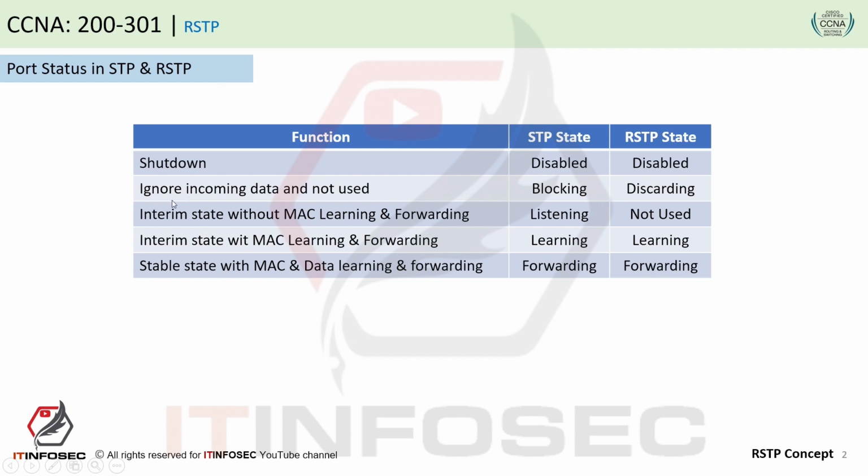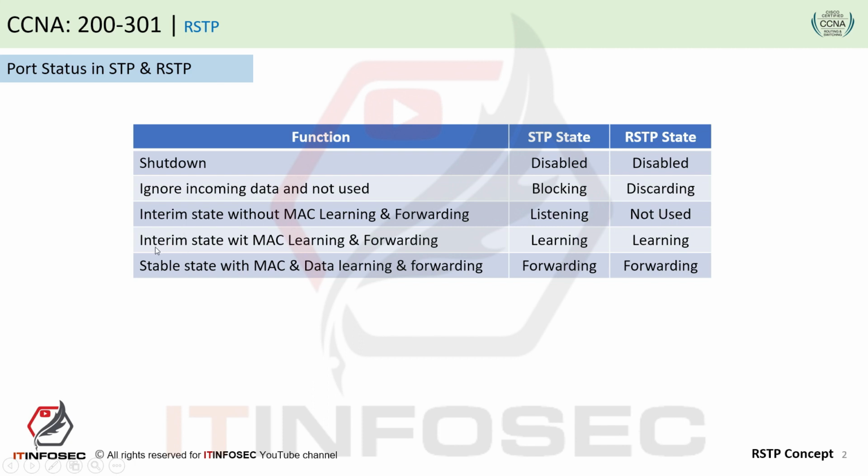If the port status ignores incoming data and is not used, in STP it will be shown as blocking, and in RSTP shown as discarding. If it is in an interim state without MAC learning and forwarding, but not disabled or blocked, in STP it is shown as listening, and RSTP doesn't have an item like this.